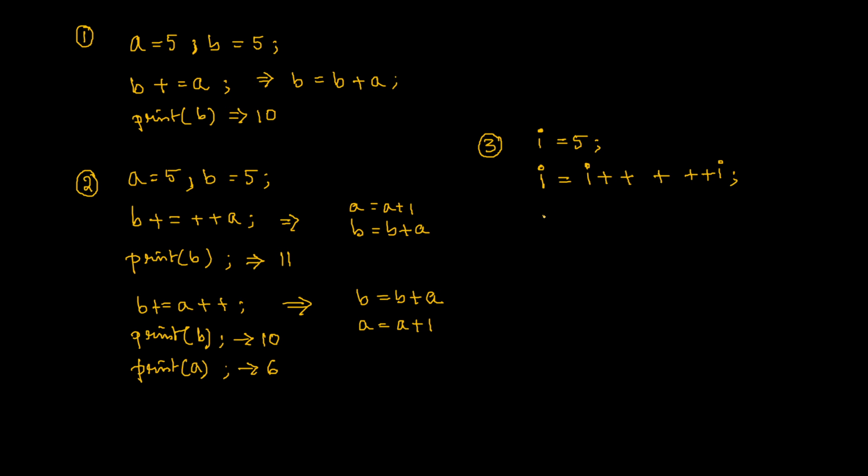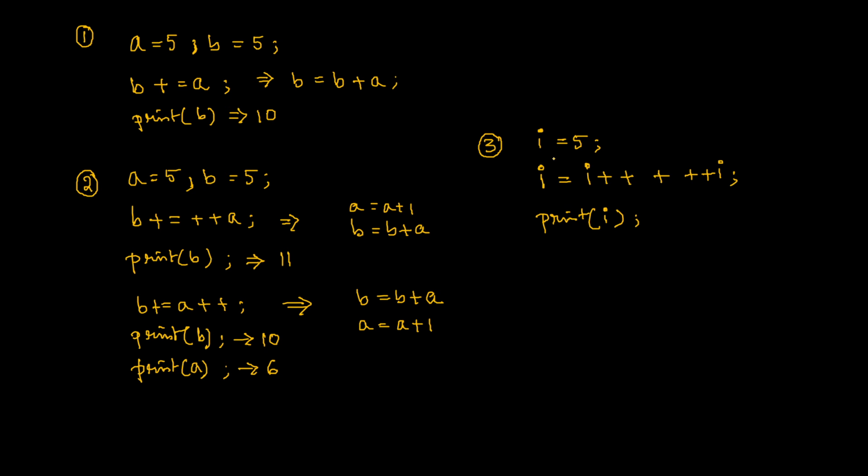If you print i, what will be printed? You see here i plus plus plus plus i. So pre-increment and post-increment are both present. But when you have a post-increment, don't concentrate on it for the moment, because post-increment means that after storing the result, the increment will happen. So currently this post-increment doesn't have any effect on the output.